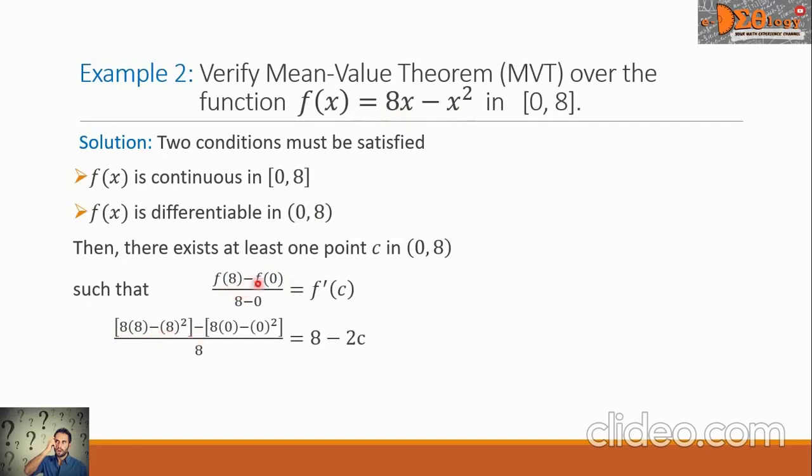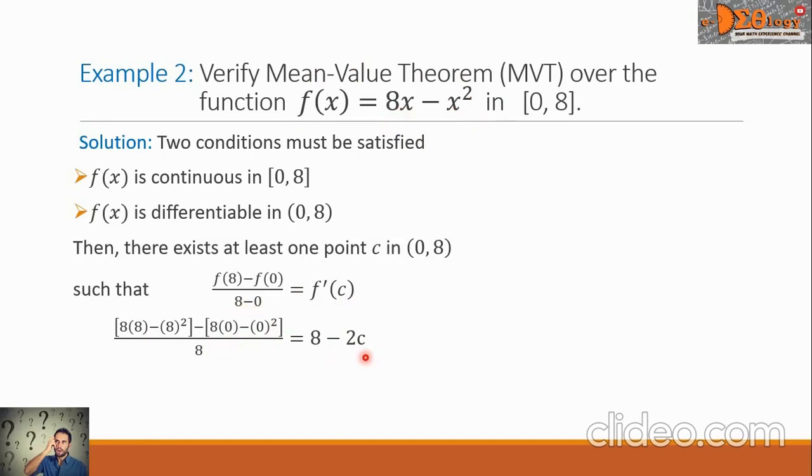Then minus the f of 0 is now 8 times 0 minus 0 squared. All over the 8 minus 0, which is 8, is equal to, on the right side, the derivative of this function evaluated at c. So derivative of 8x is 8 minus the derivative of x squared is 2x. But we will write here 2c.